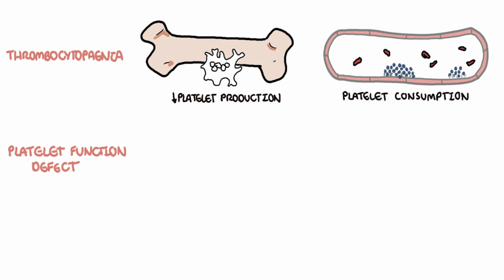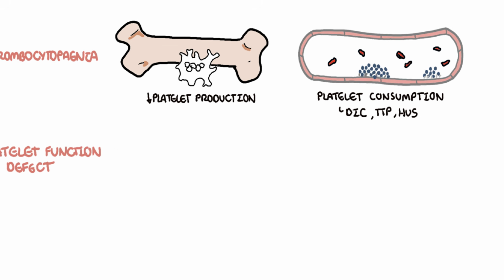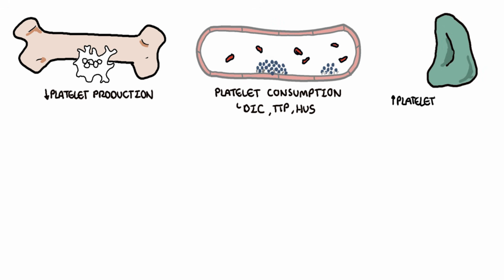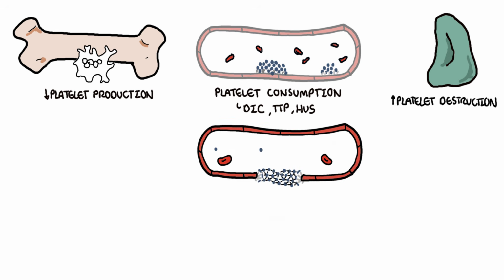It can be due to increased consumption of the platelets, such as in disseminated intravascular coagulopathy or thrombotic thrombocytopenic purpura or hemolytic uremic syndrome. Or thrombocytopenia can occur due to increased destruction from whatever cause.